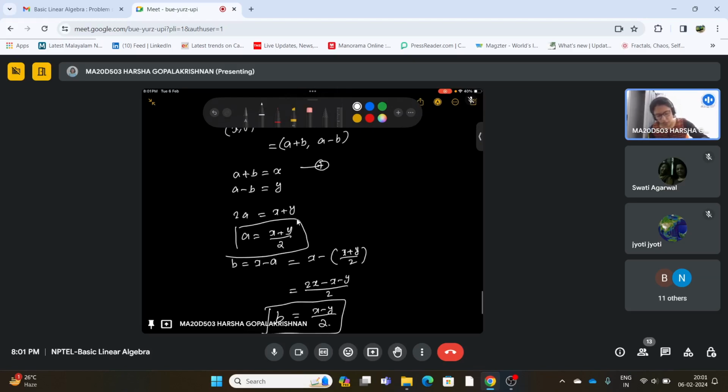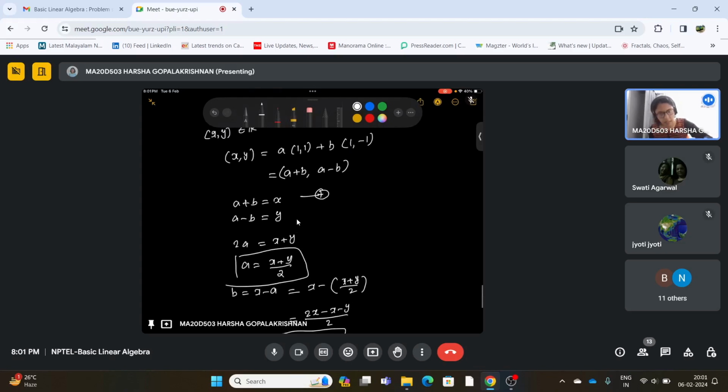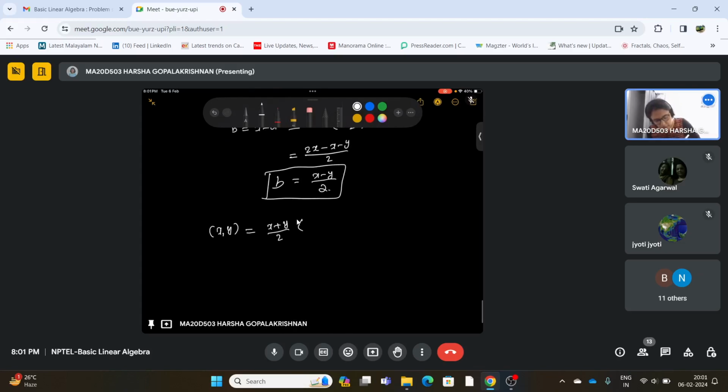So if I am taking any element (x, y), I can write it as (x + y)/2 into (1, 1) plus (x - y)/2 into (1, -1). What is this? (x + y)/2 plus (x - y)/2, that is x. And (x + y)/2 minus (x - y)/2 is y.